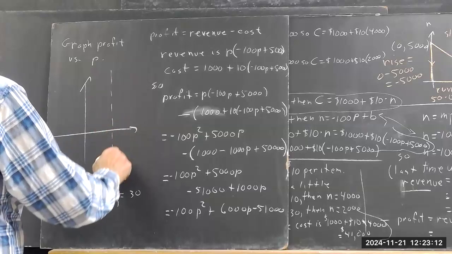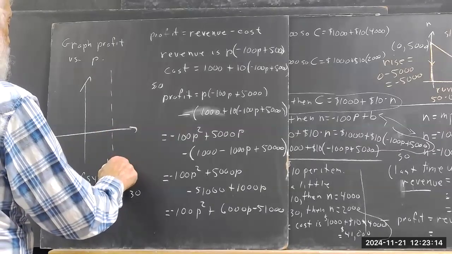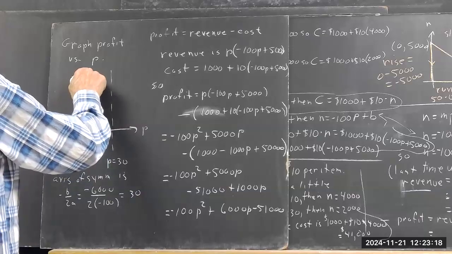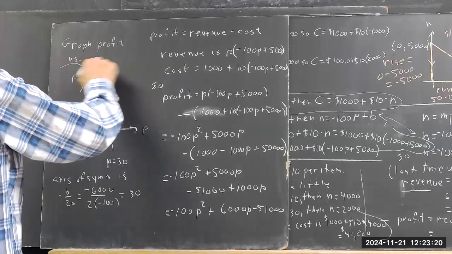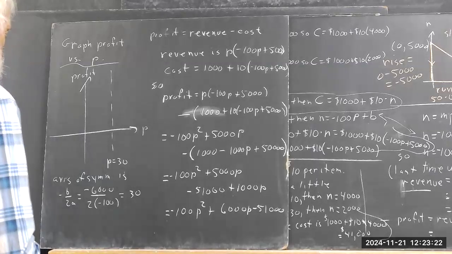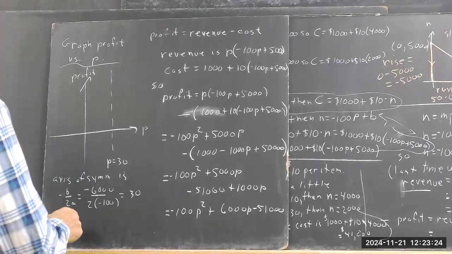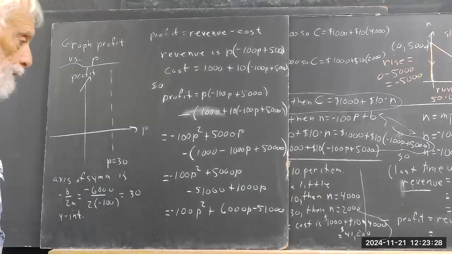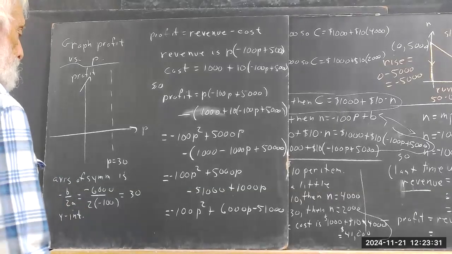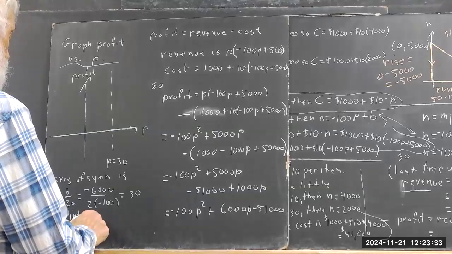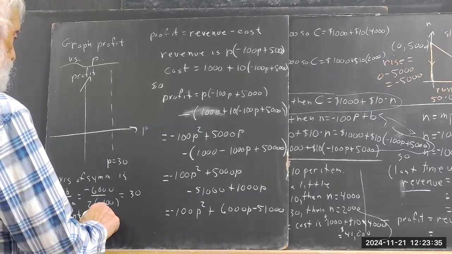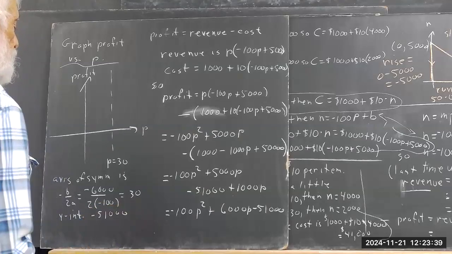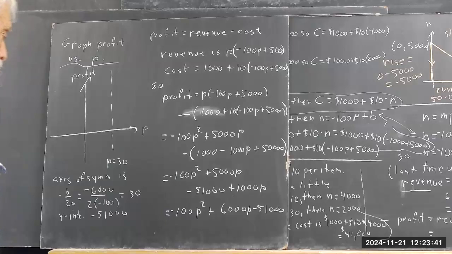That's right. There's P equals 30. Y-intercept is negative 51,000.